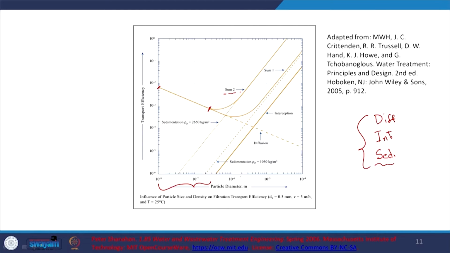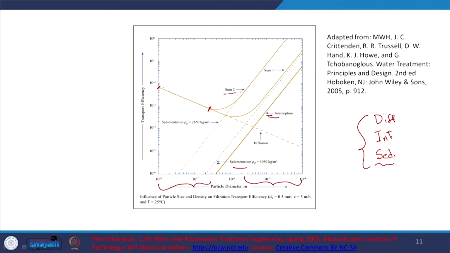And at the relatively higher particle sizes, what do you see? You see that you have sedimentation and then interception, right. Sedimentation out here and interception, again this is the sum, yes. So, sum of only these two and sum of all the particles.